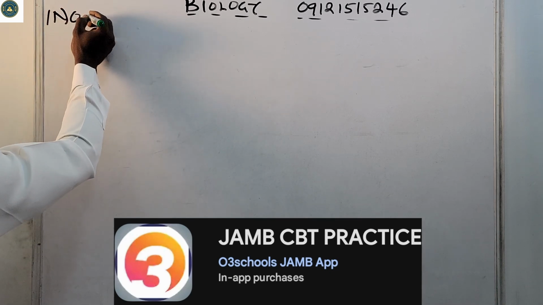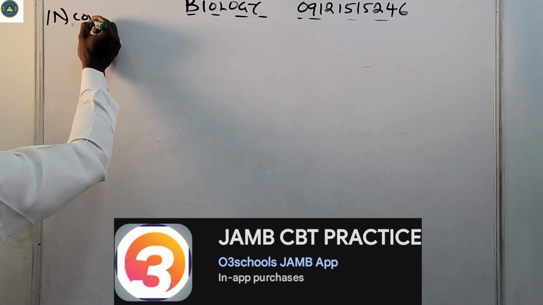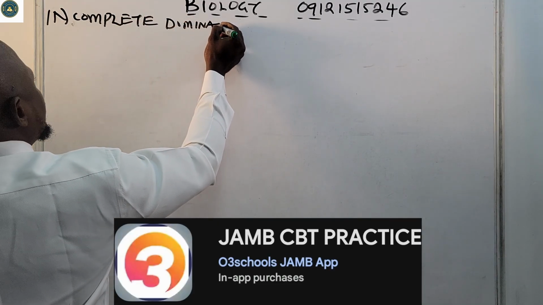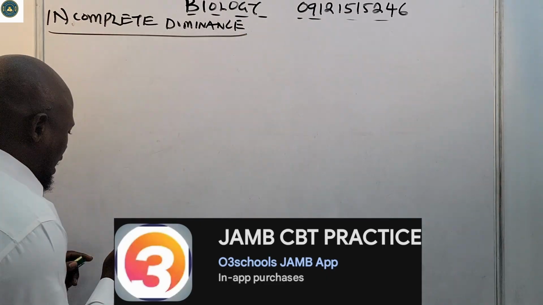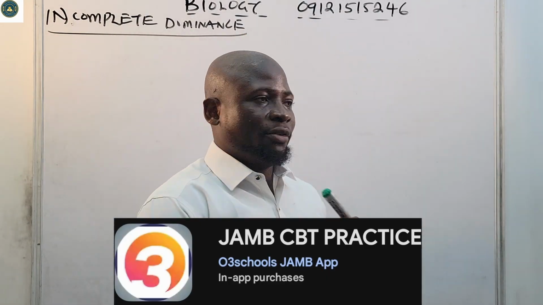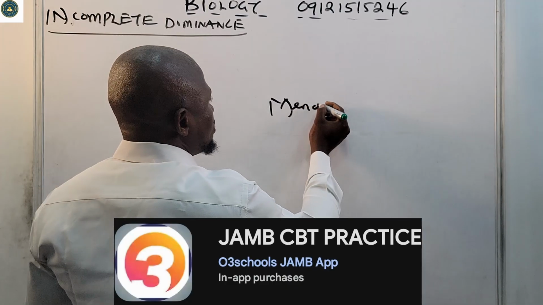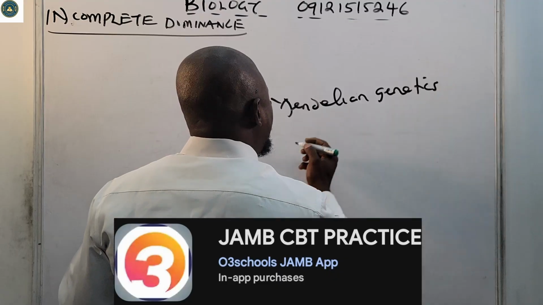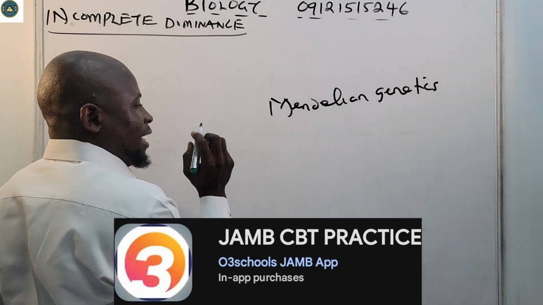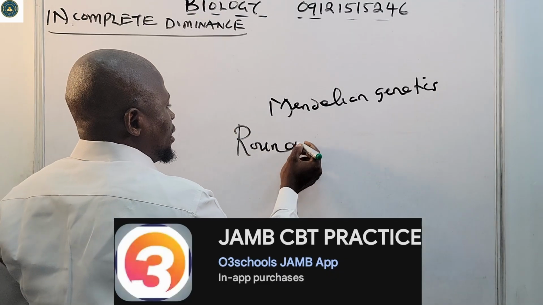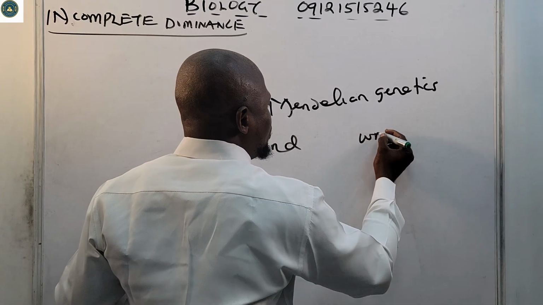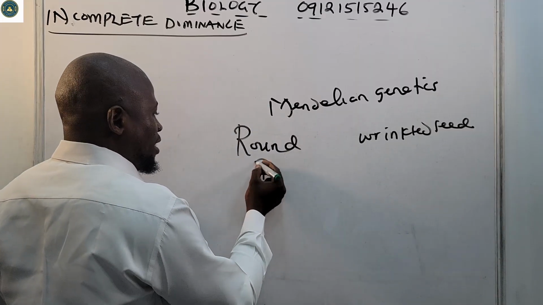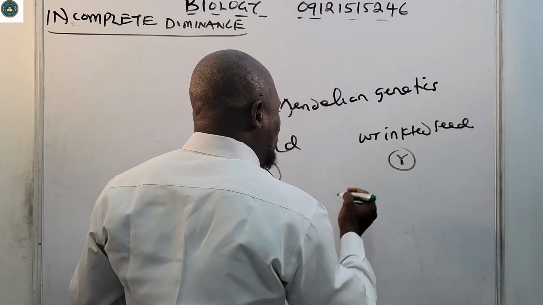So let's look at the concept of incomplete dominance. Normally, according to Mendelian genetics, if you have a round seed and a wrinkled seed, let me say round seed is R, it is dominant over the wrinkled seed, which is r.